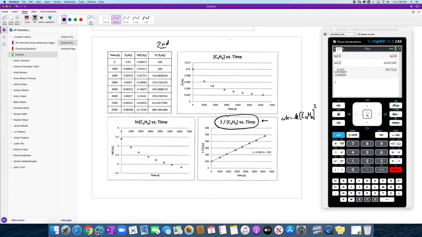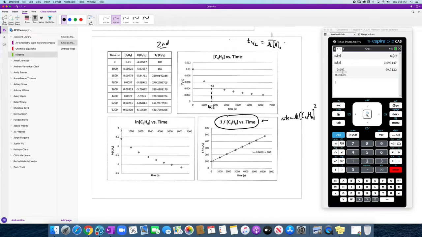And that amount of time is about, I'll show you in a moment, 1633 seconds, I believe. Now let me show you how I figured that out. For a second order reaction, t 1/2 equals 1 over k times the initial concentration.